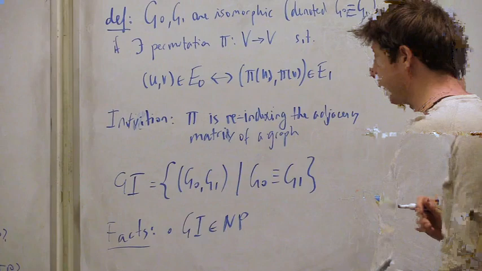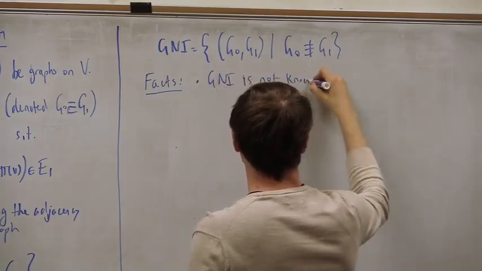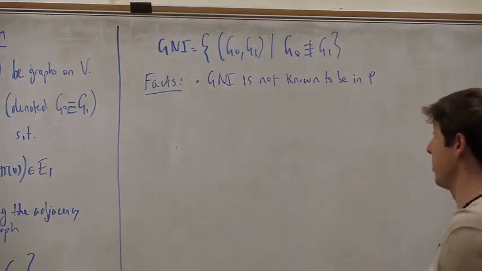Now, the problem we want to study today is its complement, okay? The language GNI, okay? So you give me two graphs, and now you're asking me, are they not isomorphic? So you want me to say yes when they're not isomorphic and no when they are. Now, just like GI, GNI is not known to be in P. If GI had been in P, then certainly GNI would also be.